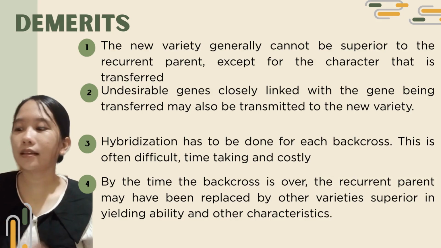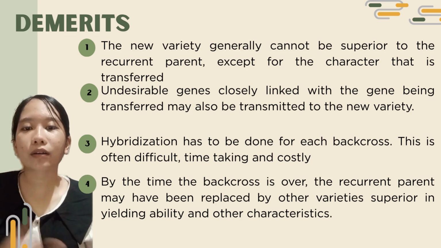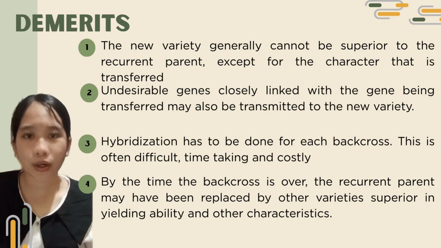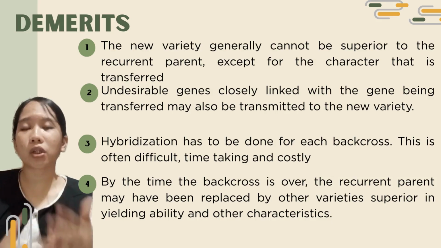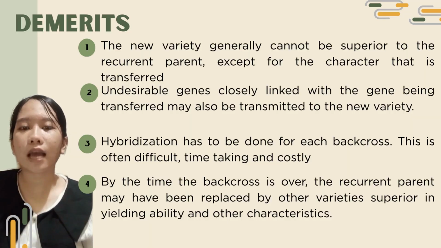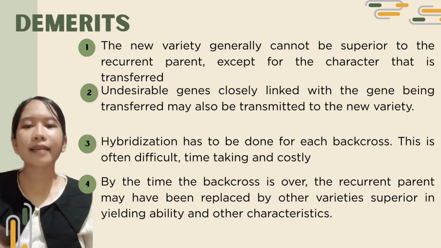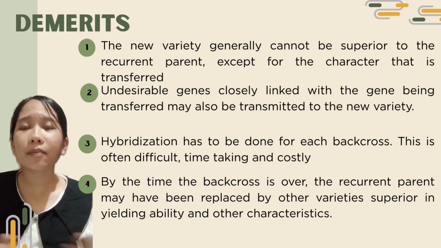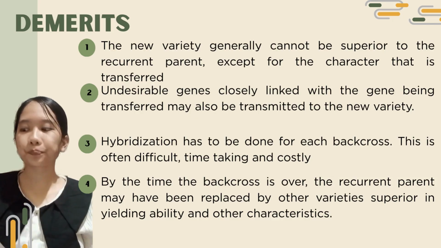So third, each backcross generation requires repeated hybridization. Each backcross requires hybridization and selection, which is a long and costly process. Managing multiple generations and maintaining parent lines demand a lot of time and resources.